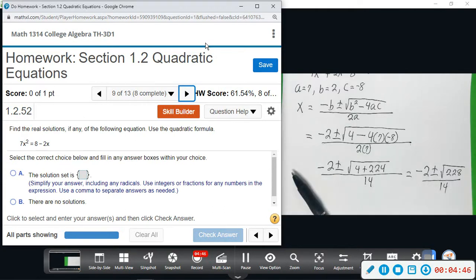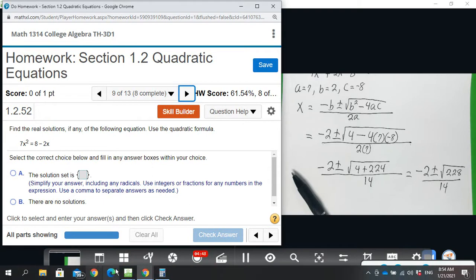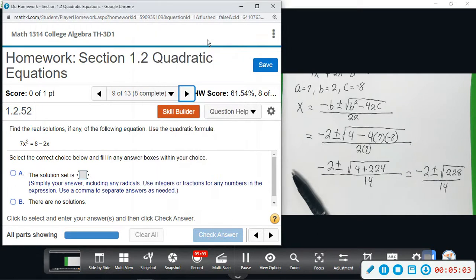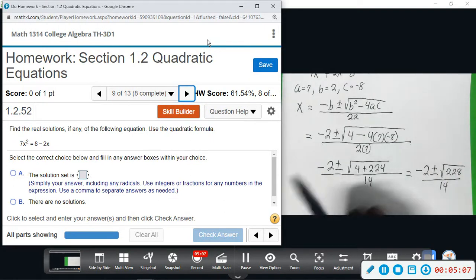Let me see if I remember that. So it should be right between 15 and 16. So anyway, we're going to have to reduce this radical. So let's just verify 15 is 225, and then 16 is 256. Okay, yeah, so it's right between 15 and 16. So we're going to try to reduce and see if we can simplify.